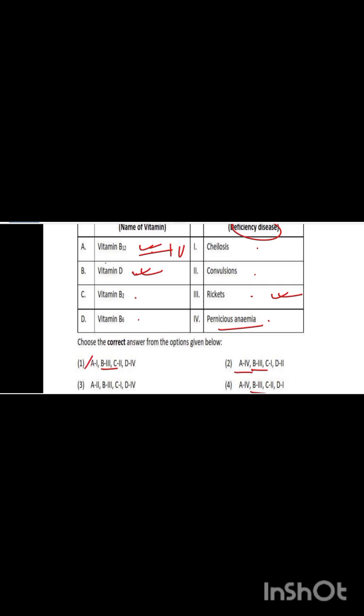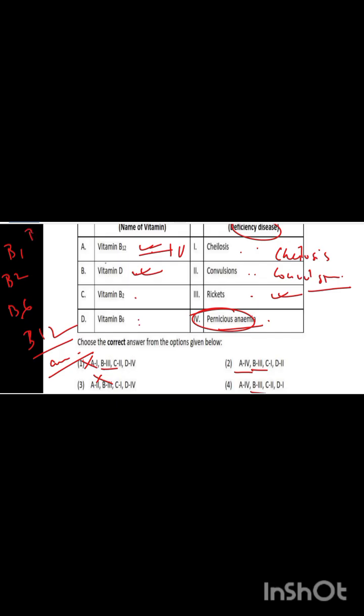So option 1 cannot be correct, 2 cannot be correct. Vitamin B2 and B6, convulsions and cheilosis. You can remember in this way: B2 and B6 can be cheilosis and convulsions. So you write alphabetically. There can be 4 vitamins: vitamin B1, B2, B6 and B12. B12 is pernicious anemia.